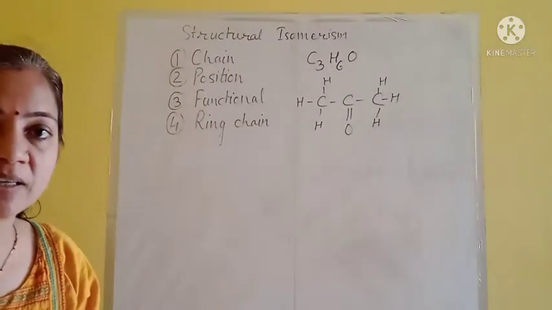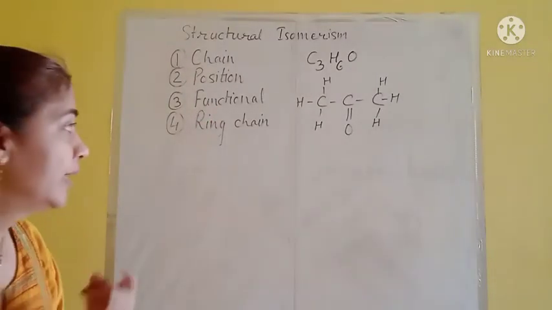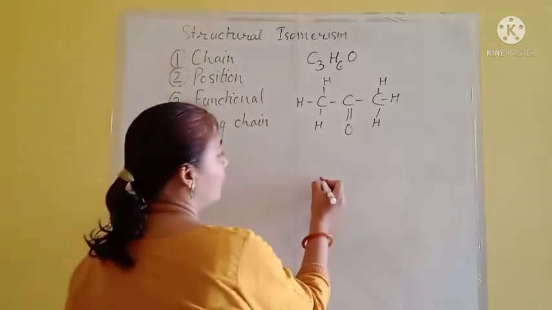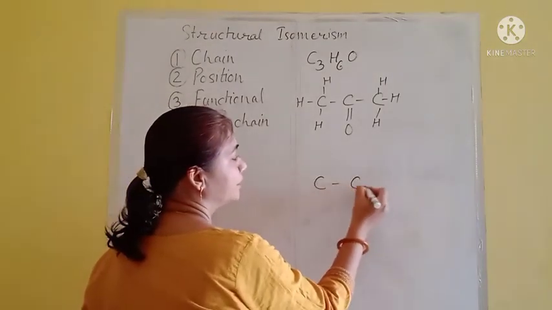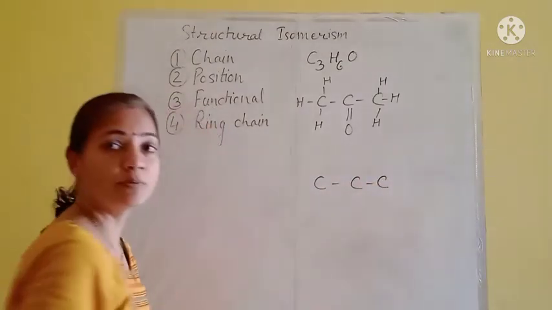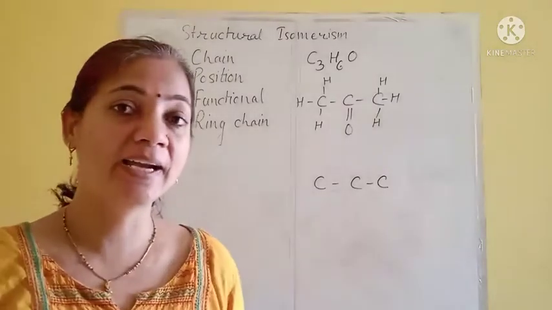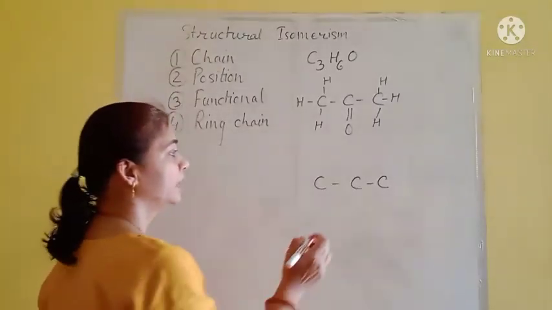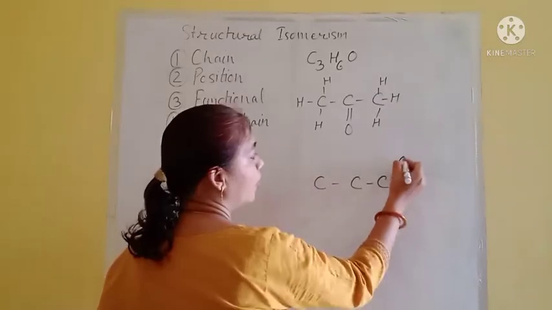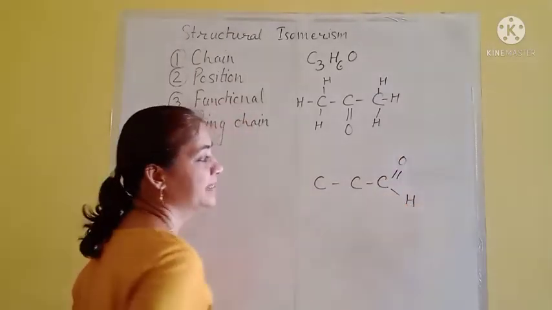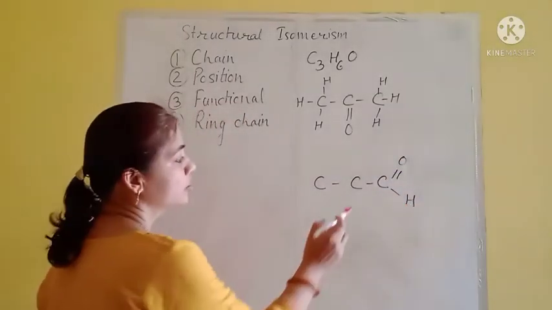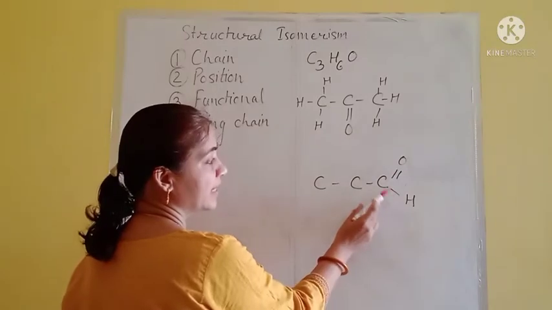Can you change it and try making something else out of it? Yes, let us do that. When I take 3 carbons like this, we can put an aldehyde group over here, a CHO group, C double bonded with O and H. It's an aldehyde group, right? So for this carbon, 1, 2, 3, 4 valencies are satisfied.